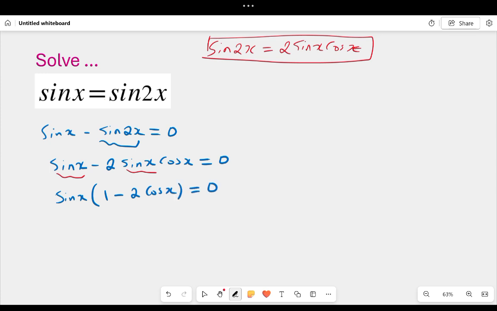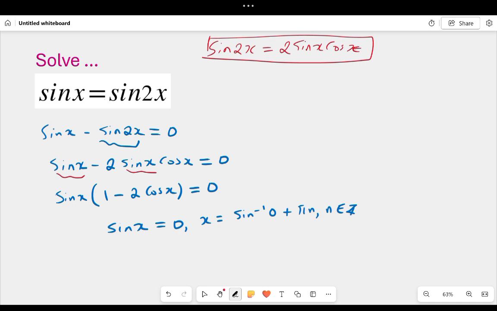Now, this means sine x is equal to 0, and therefore if I want to find the values of x, it's going to be x is equal to the sine inverse of 0 plus, every time we are getting a 0, it's actually after pi n periods, whereby n refers to all the integers.